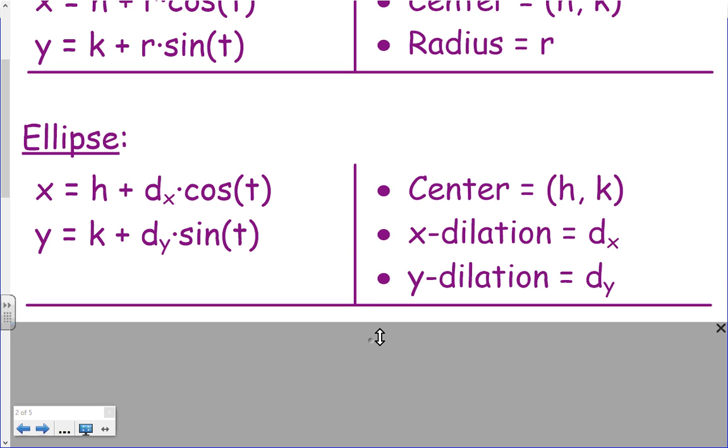So you have x is equal to h plus d sub x times cosine of t, and y is k plus d sub y times sine of t. And again, your center is at h, k, your x dilation is the d sub x, and your y dilation is the d sub y. That right there is our equation of an ellipse in parametric form.